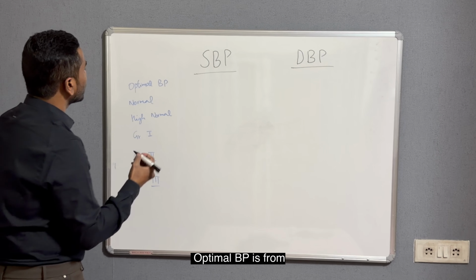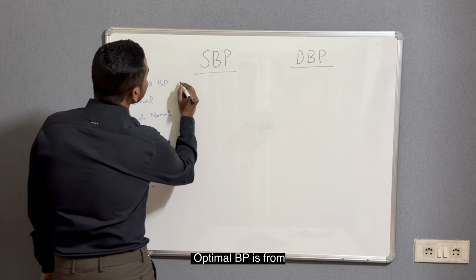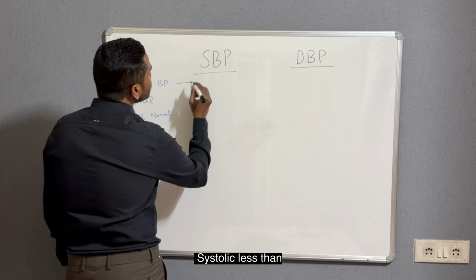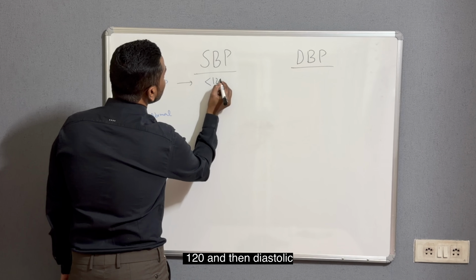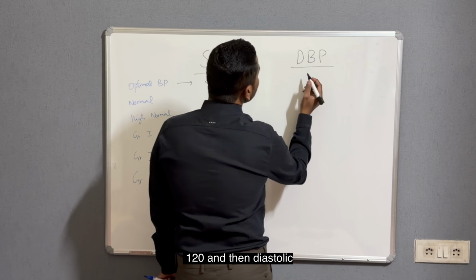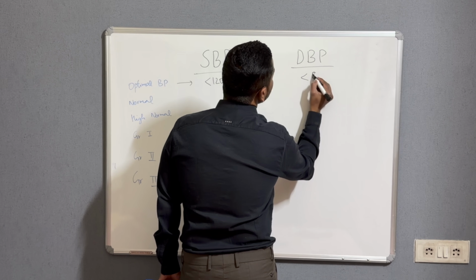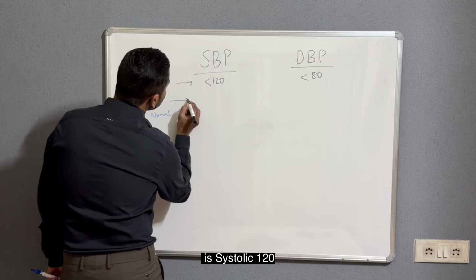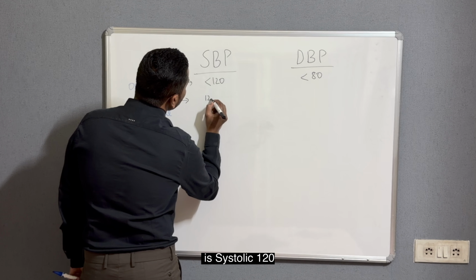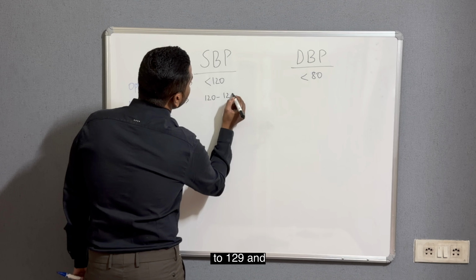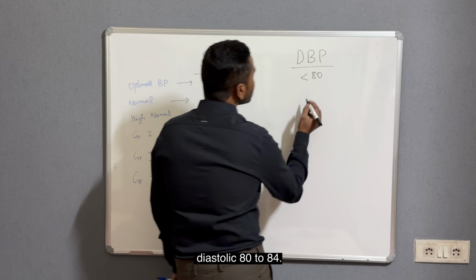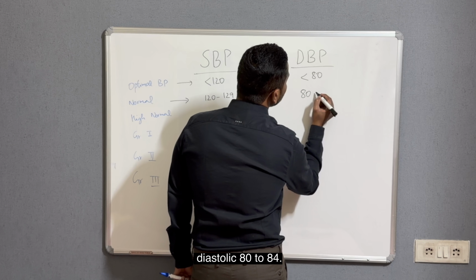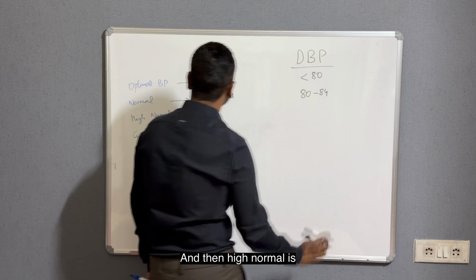Optimal BP is systolic less than 120 and diastolic less than 80. And normal BP is systolic 120 to 129 and diastolic 80 to 84.